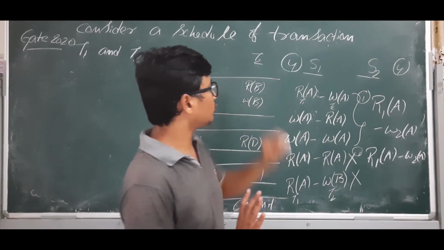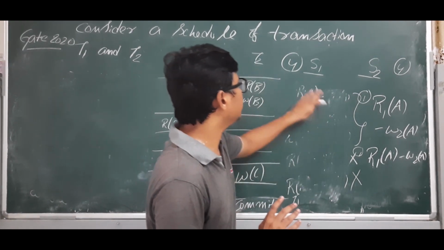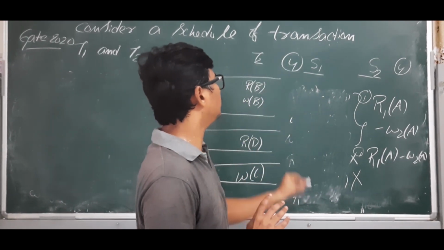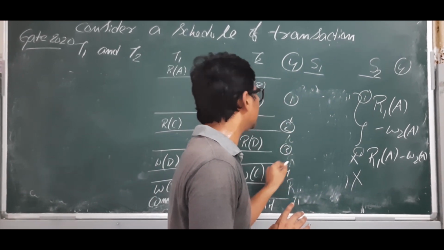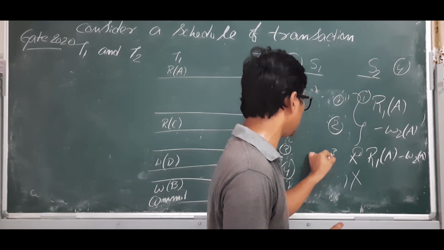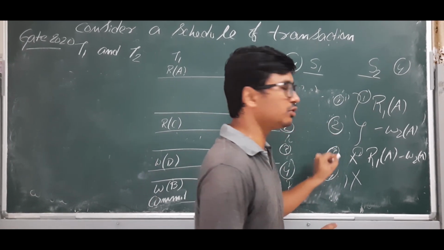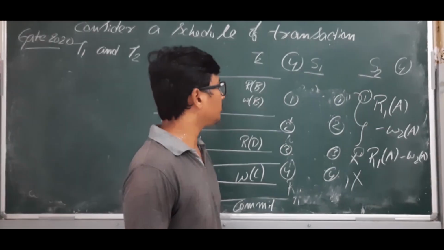A lot of people get confused with this order. Let's say I have got 4 conflict operations, 1, 2, 3, 4, in schedule S1. In schedule S2 also I got 4 conflict operations, since to be equal they should have an equal number of conflict operations.